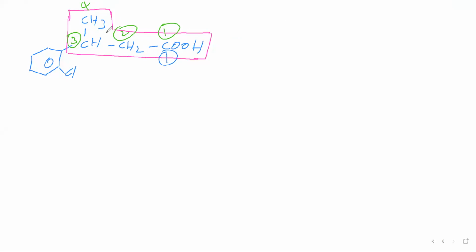Then we will say this as a substituent. In this substituent, Cl is there. Cl name is chloro. So we'll say chloro. This one as a substituent, that is phenyl. Now we have to say this position: this branch is present at third carbon of parent chain. In this branch, Cl position we want to say.